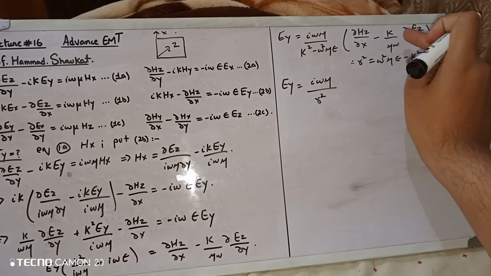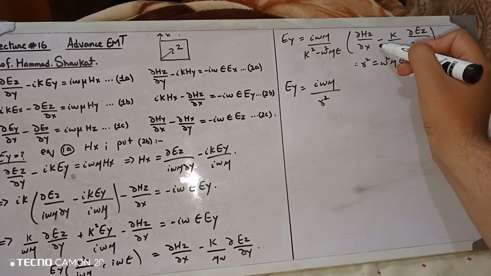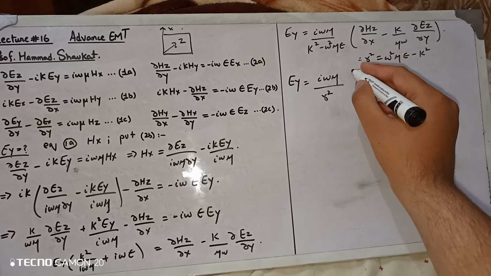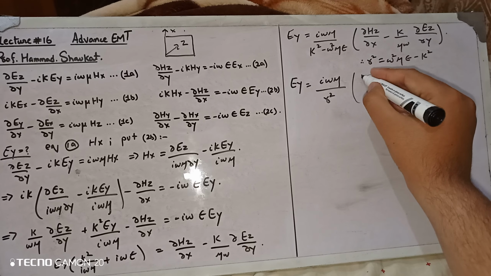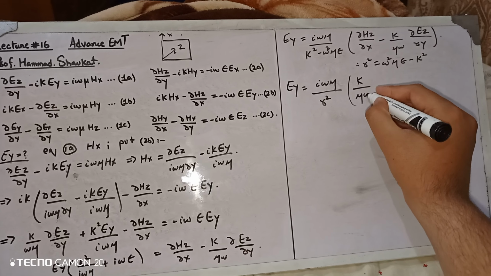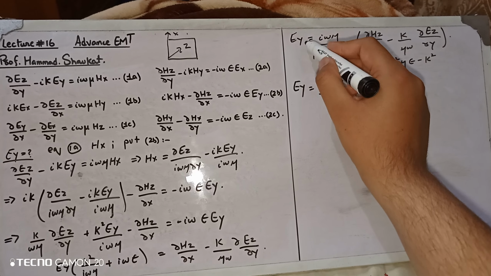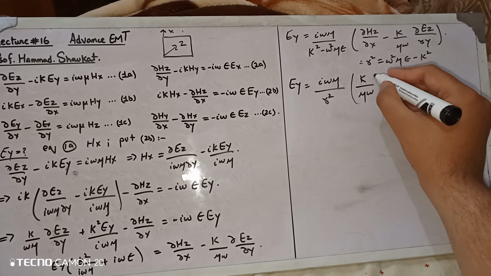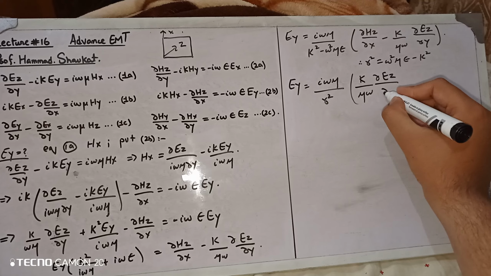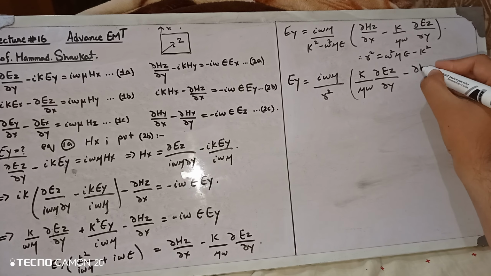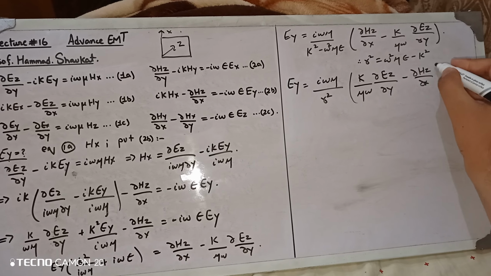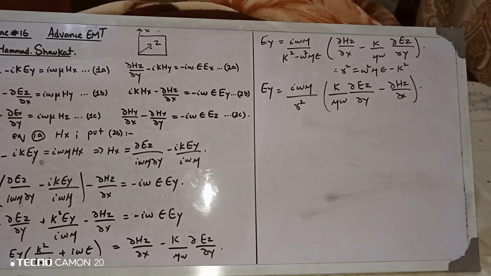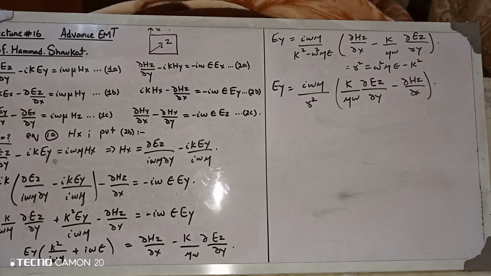Once you take minus common from this, this becomes positive and this becomes negative, so it can be written with this term first because it becomes positive, as we take minus common and it cancels with this minus. We also take minus common from the denominator, and it becomes partial Ez divided by partial y minus partial Hz by partial x. So this is your final expression for Ey.